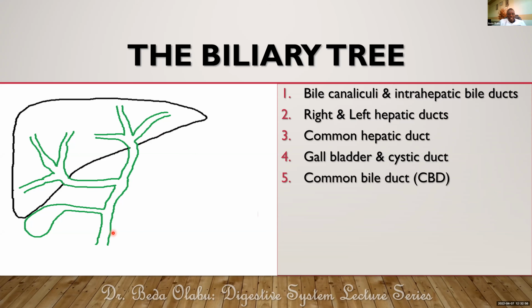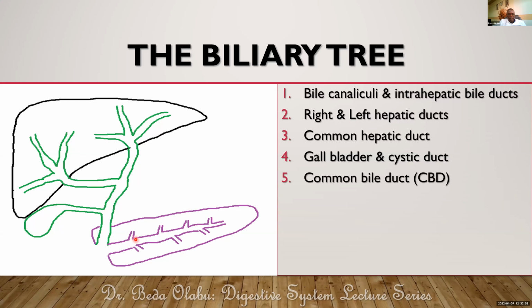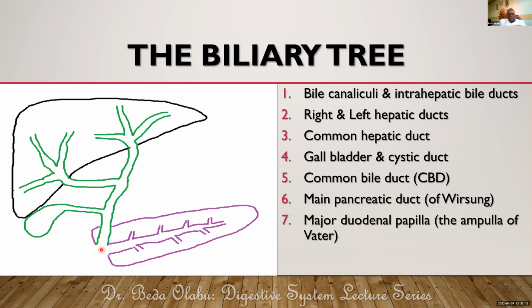The common bile duct is joined by the duct from the pancreas, which we call the main pancreatic duct. And that main pancreatic duct, after joining the common bile duct, they don't form another common channel, they just open together. The point of opening, which I'm pointing at right now, is called the ampulla of Vater.